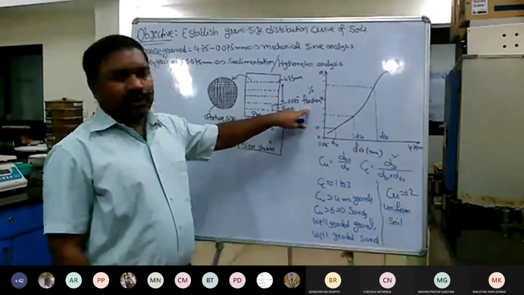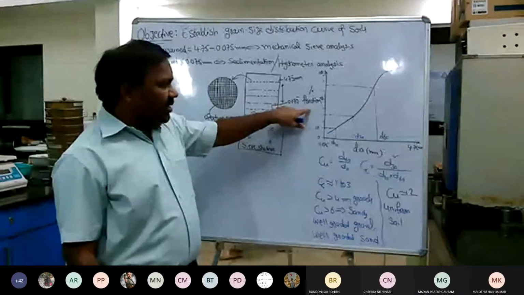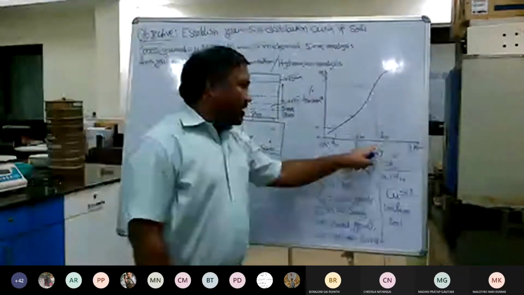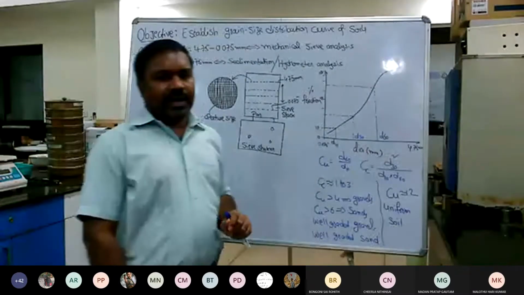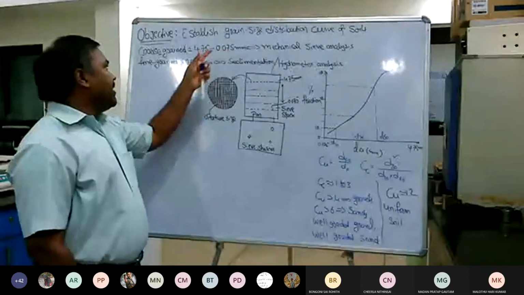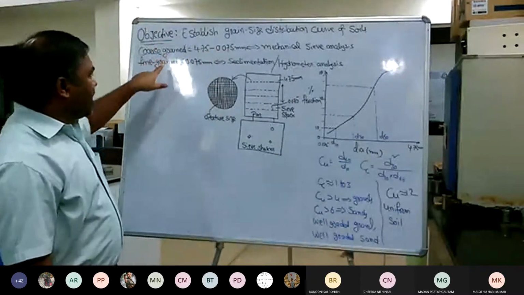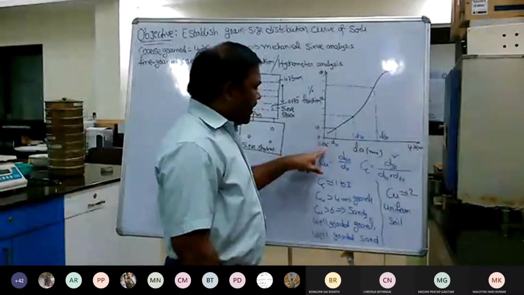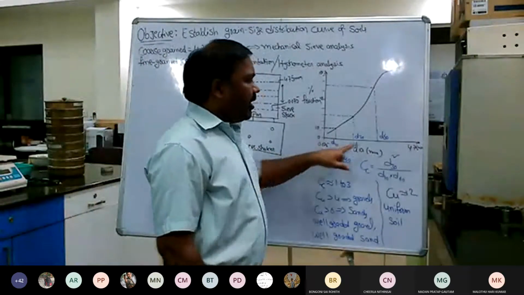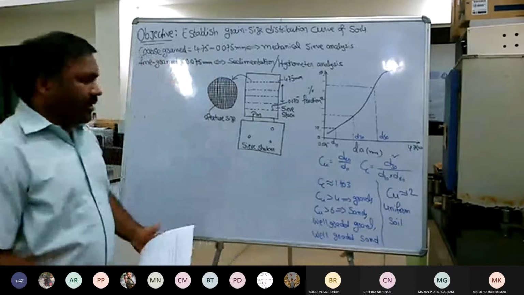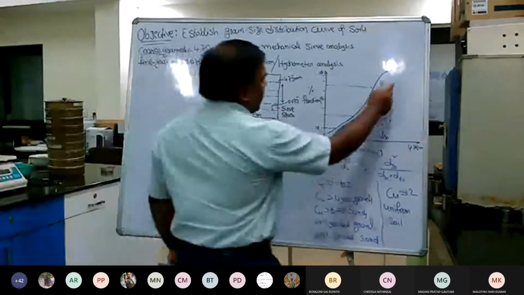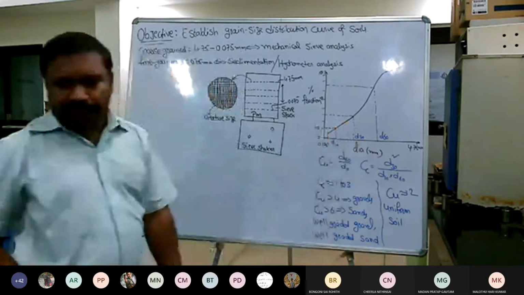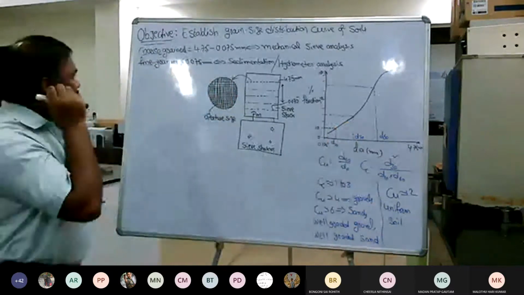So on the y-axis, you will take the percentage fraction starting from 0 to the highest 100%. On the x-axis, you will take the particle diameter whose typical size range varies depending upon the coarse fraction or the fine fraction. Suppose we consider the coarse fraction, it varies from 0.075 millimeter to 4.75 millimeter. So this is your objective. You need to establish this kind of curve for a given soil type.